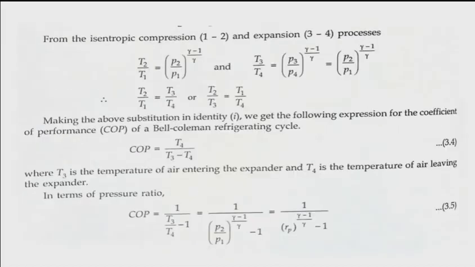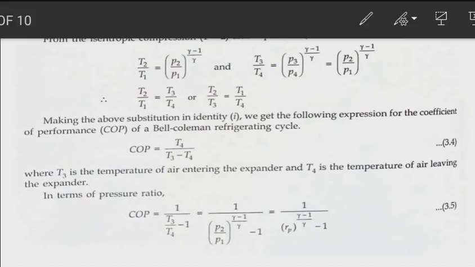So you can see here, from the isentropic compression, the 1 to 2 process becomes the isentropic compression, and 3 to 4 is an expansion process. So as you know, the polytropic relation applies, and the ratio T2 by T1 is equal to (P2 divided by P1) all raised to (gamma minus 1) divided by gamma.